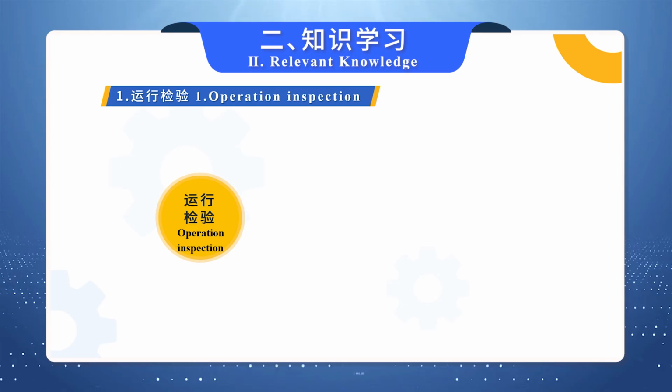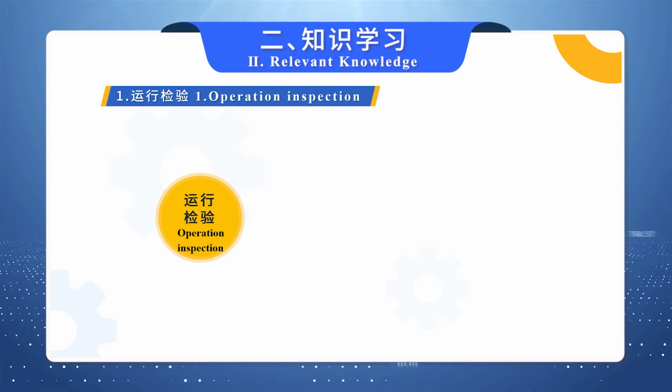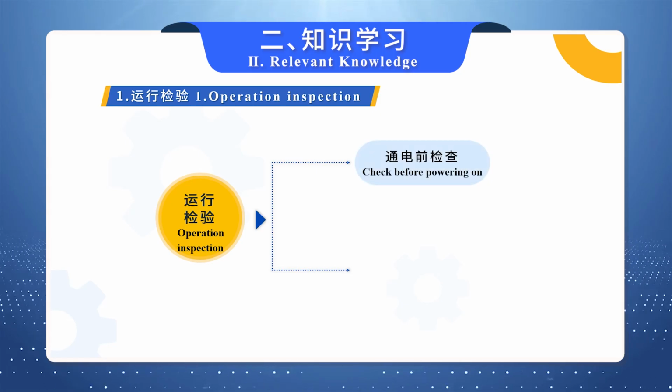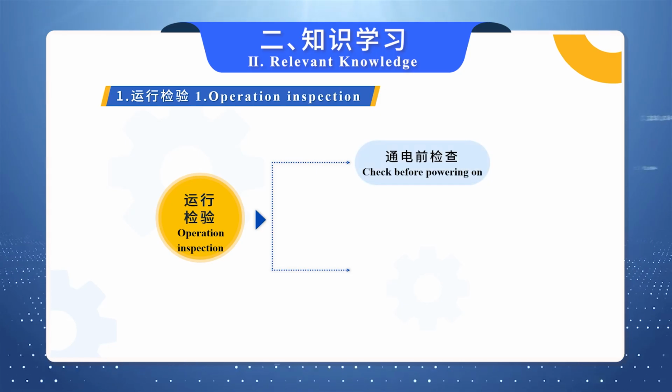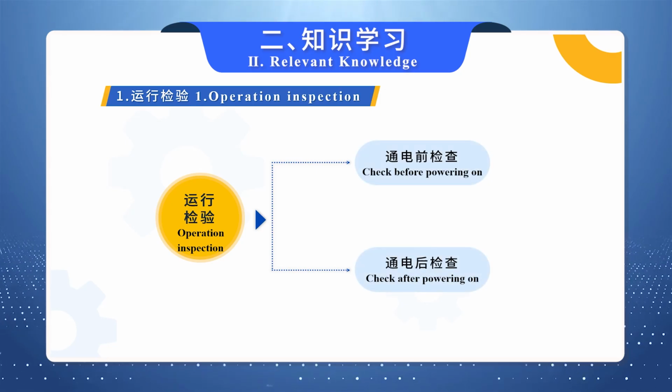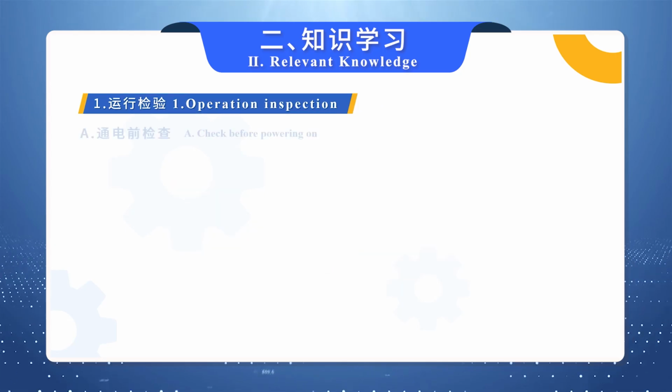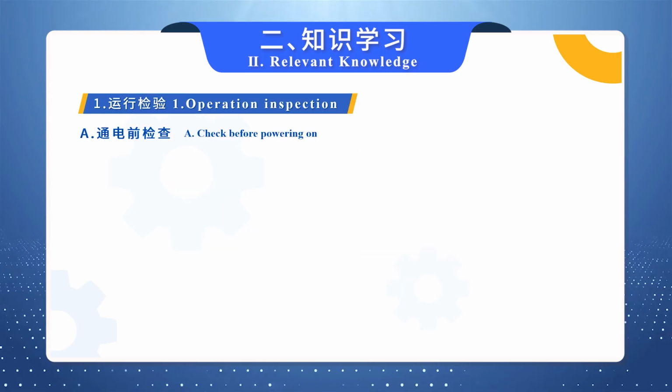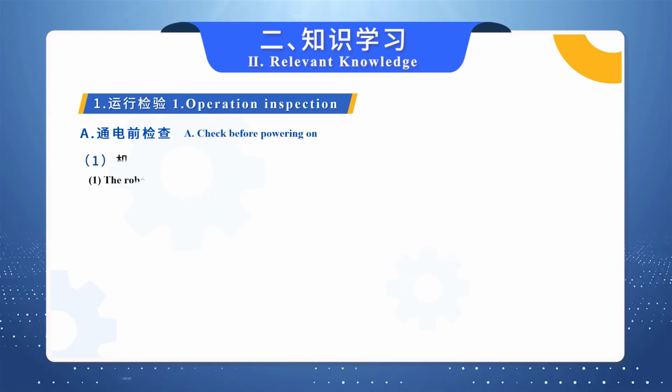1. Operation inspection. Before putting the industrial robot into use, an operation inspection must be performed, including pre-power-on inspection and post-power-on inspection. 1. Pre-power-on inspection. 1.